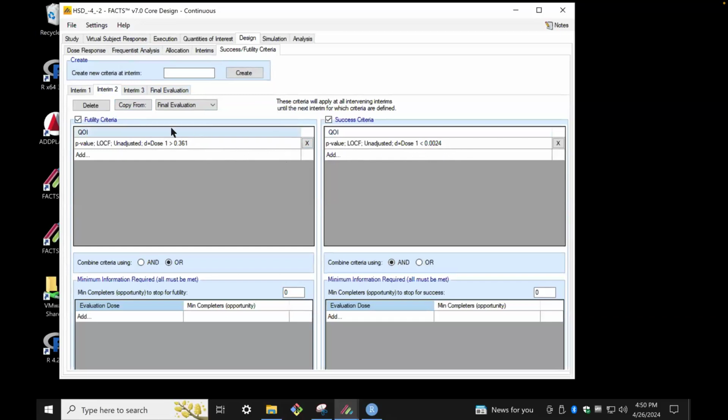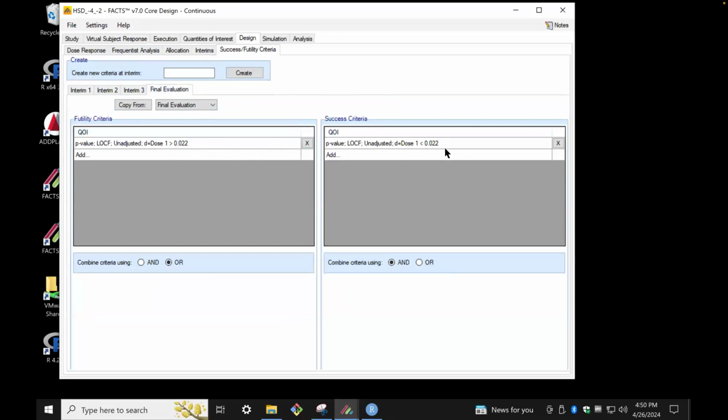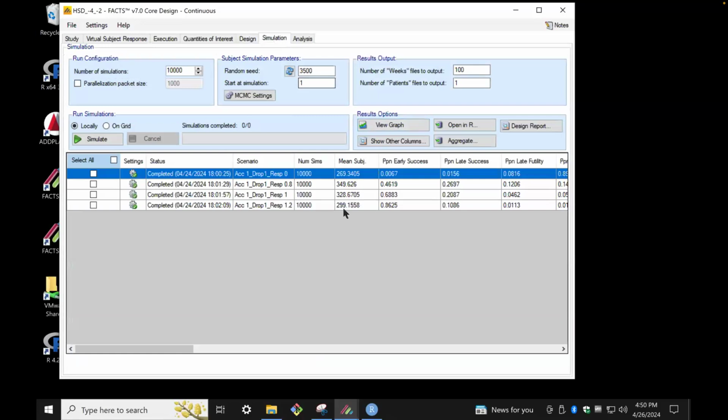And then we have the values for the second interim, the third interim, and then the final comparison to 0.022. And then we can run 10,000 simulations, and you can see that indeed we have controlled Type I error below 0.025, and we've got a power of about 90%, just a fraction less.